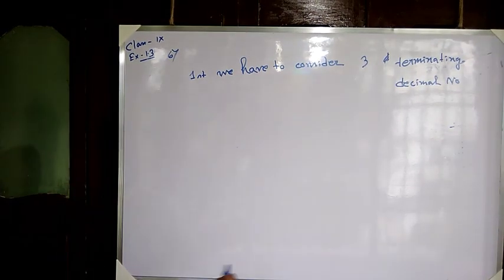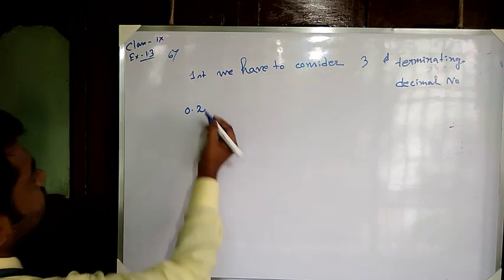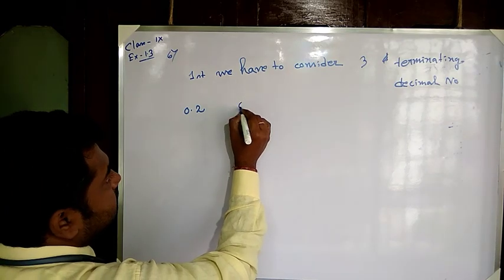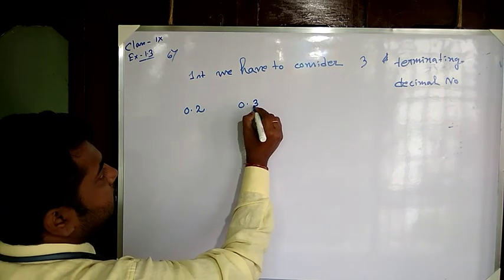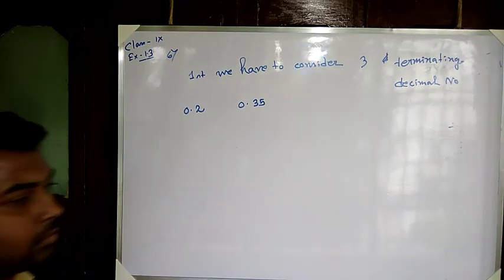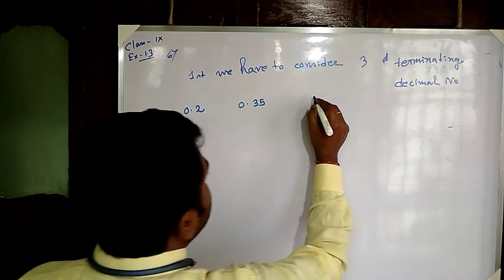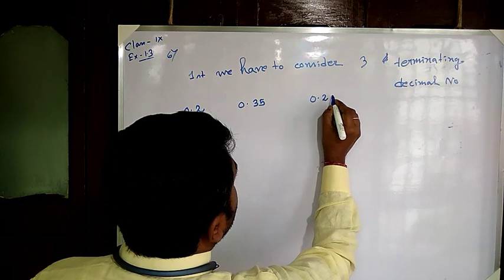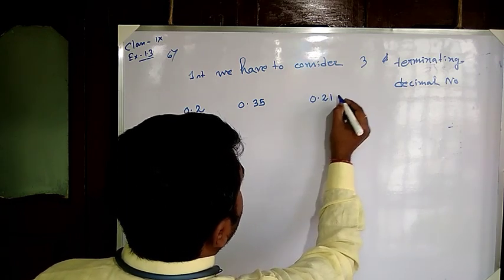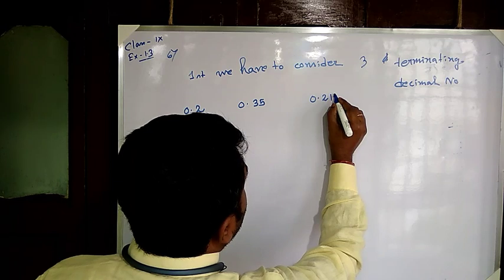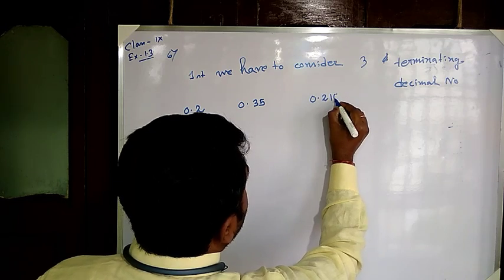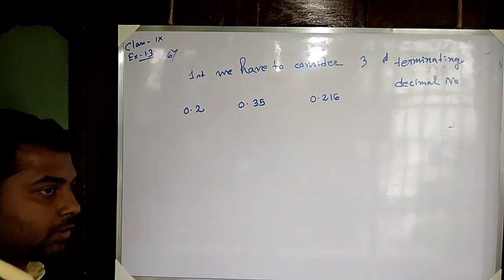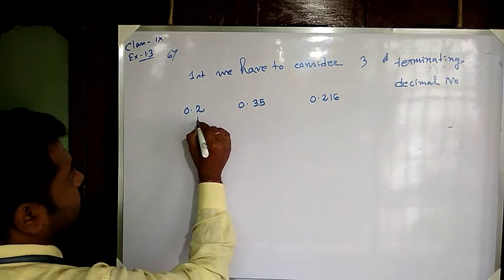What are they? Suppose 0.2, then 0.35, and the next one is 0.216, correct?